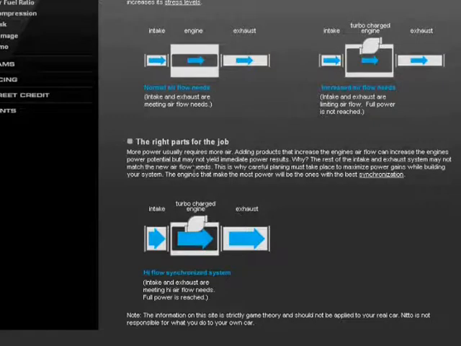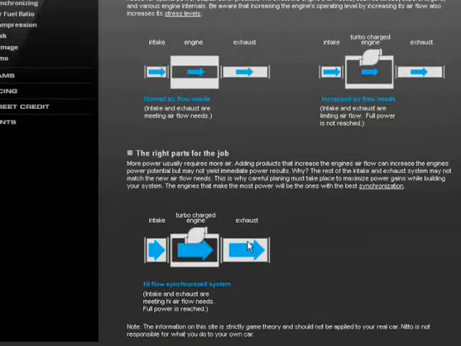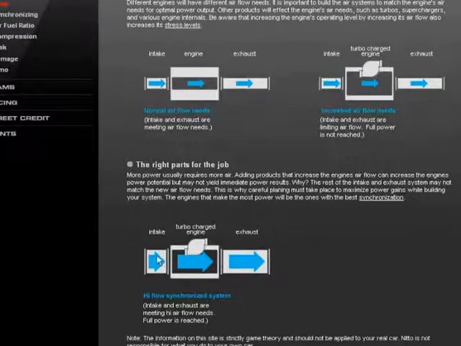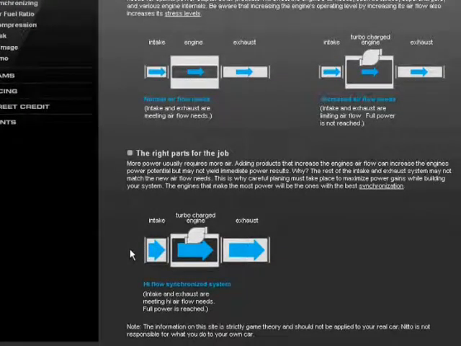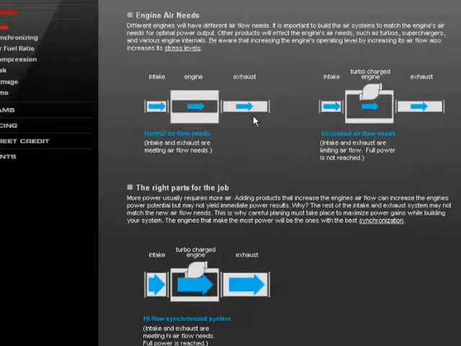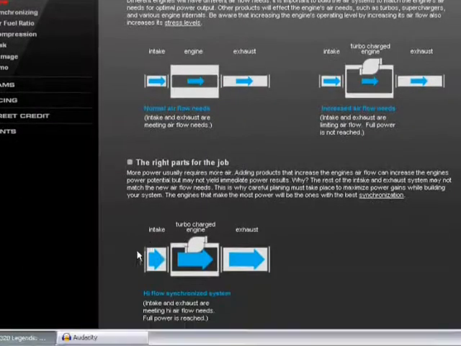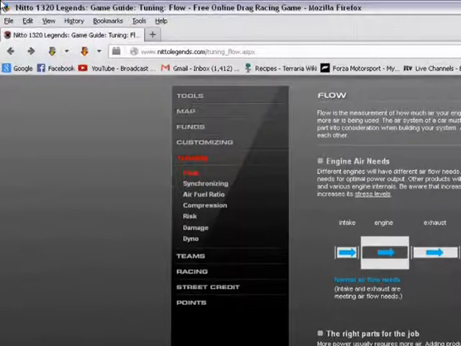If you replace the big exhaust with a small manufacturer exhaust and you have a big intake, you're pushing a lot of air through your engine but through a small exhaust. So that's the concept of airflow. By having all the right parts, like in this diagram, you achieve perfect airflow. This will increase your engine's lifetime throughout the game, or throughout the run. So that's the basic concept.